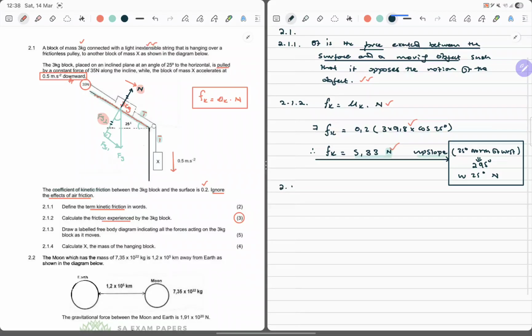So we've got 2.1.3. It says draw a labeled free body diagram indicating all the forces acting on the 3 kilogram block as it moves. Okay, that's fine. 5 marks. So this is not bad. So, of course, up the incline, we've got 2 forces that are acting parallel to each other.